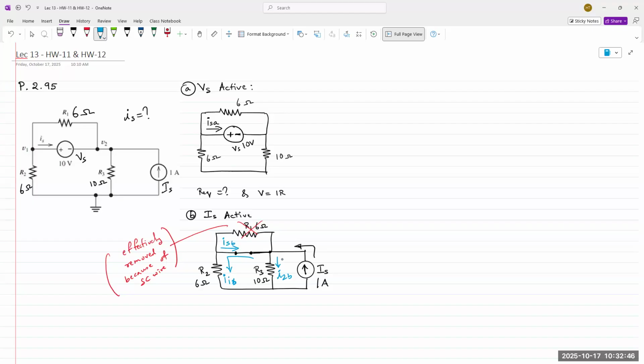So we don't even need to find I2B. We simply find I1B, put a minus sign in front of it, and that becomes ISB. And I1B from current division can be found as IS times REQ over R2.